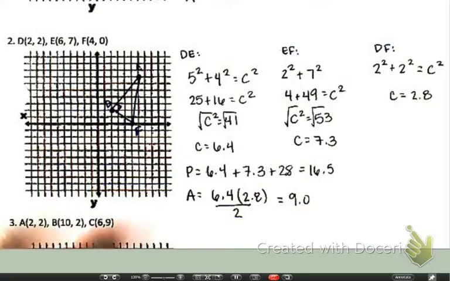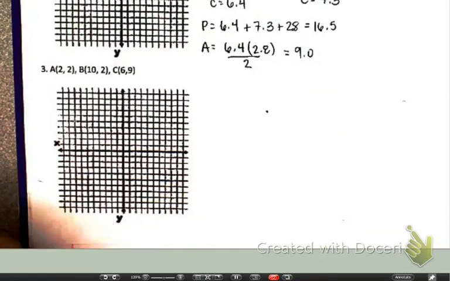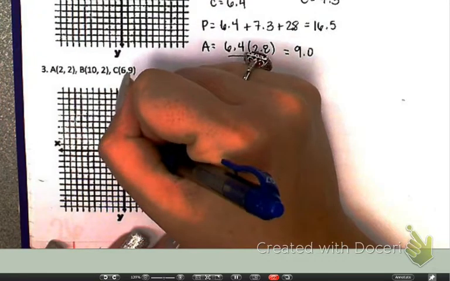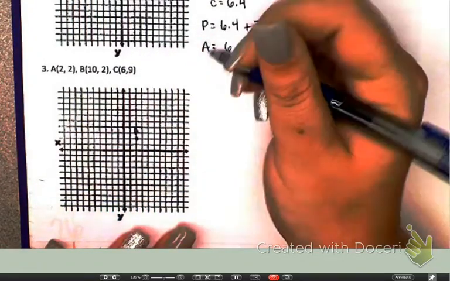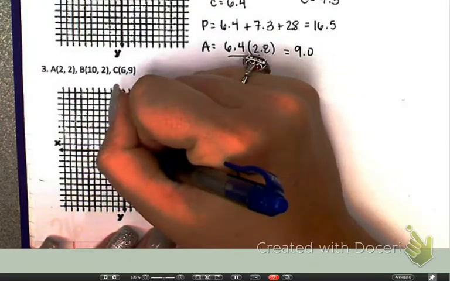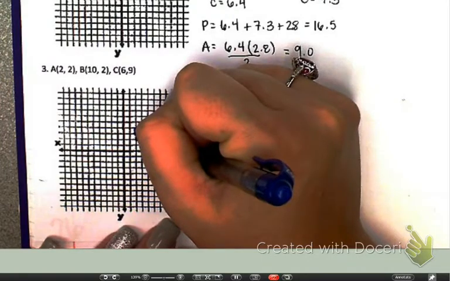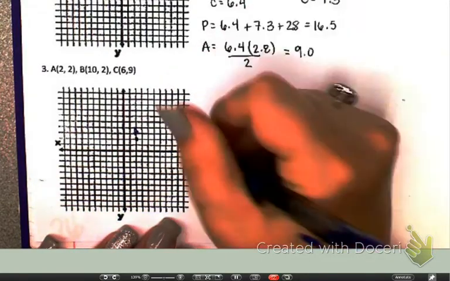Awesome. All right, last one. Let's plot these correctly this time. Here we go. 2, 2, 10, 2, 4, 1, 2, 3, 4, 5, 10, 2.